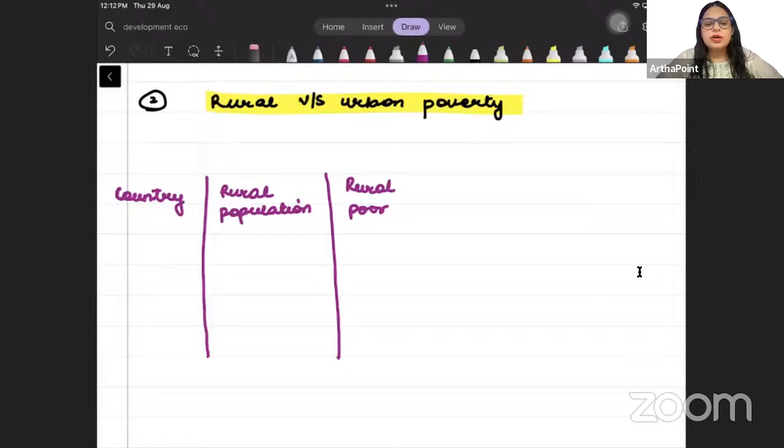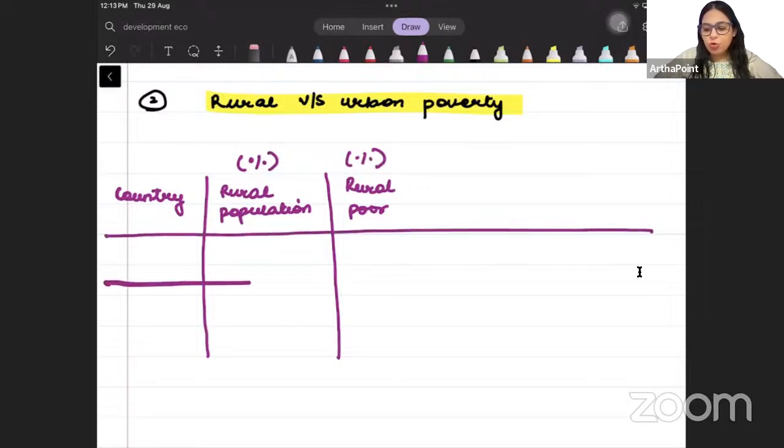Whenever we talk about this, we can write things in percentage. So out of the total population, how much population is living in the rural area? That is what I'm talking about.